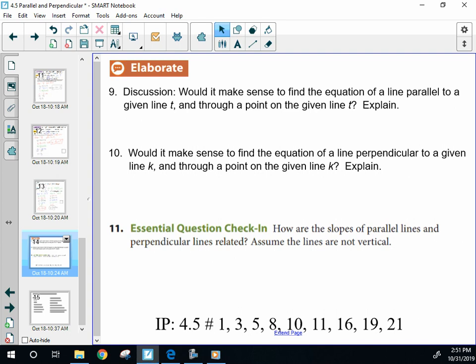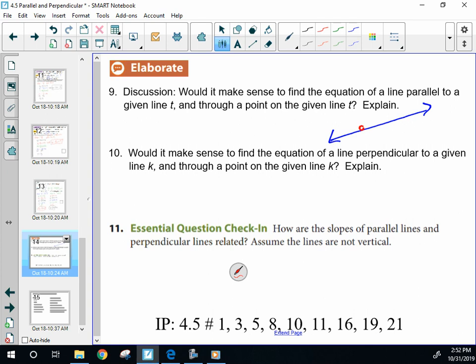Okay, welcome back. So eyes up here, focus, discussion. Question number 9. Would it make sense to find the equation of a line that is parallel to a given line T and goes through a point on that given line T? So here's my line T. Remember, if it's parallel, it's got the same slope.